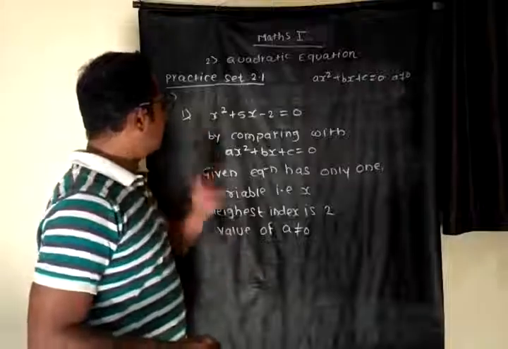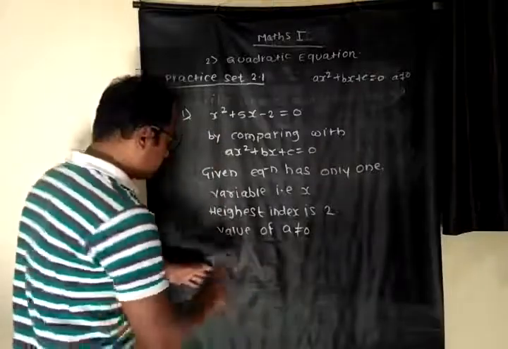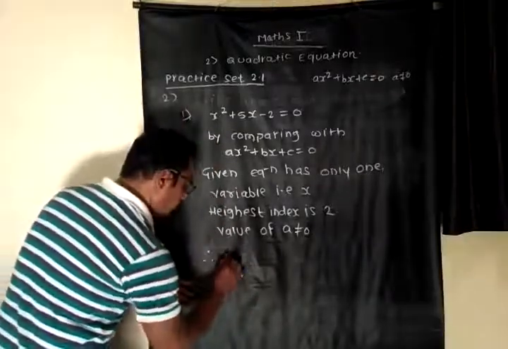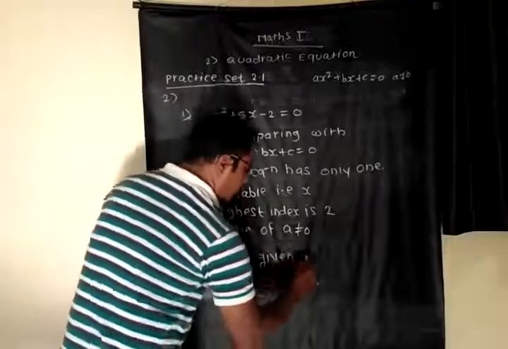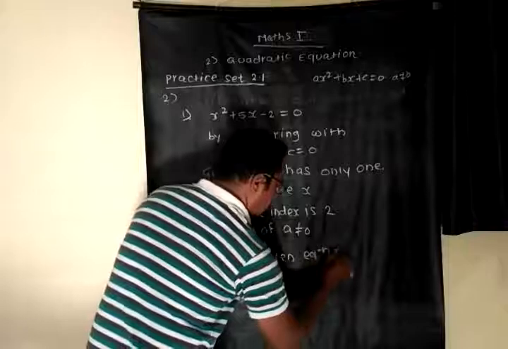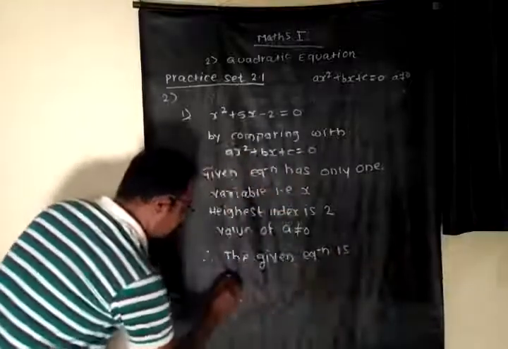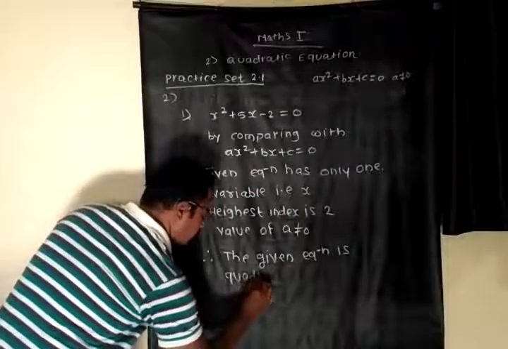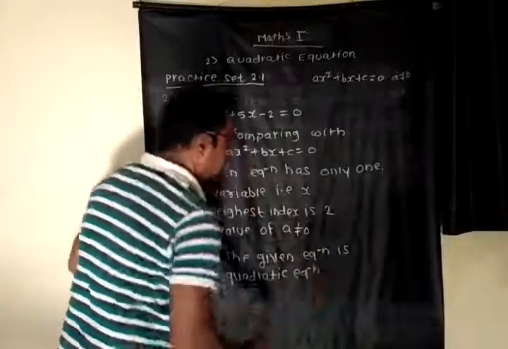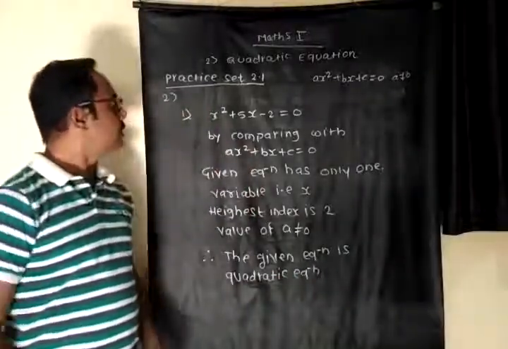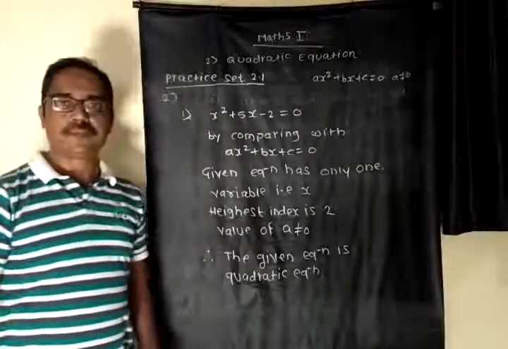Therefore, we can say that the given equation is a quadratic equation. So that is our first example of question number 2.